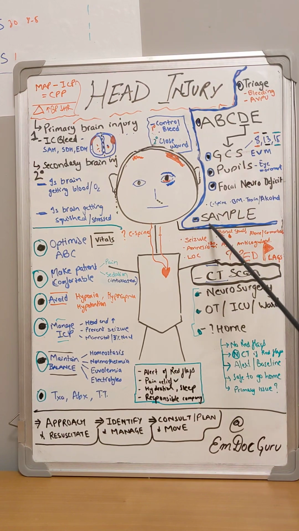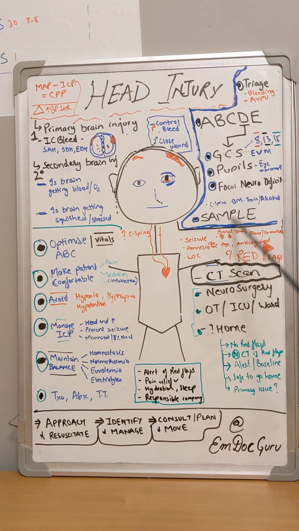And then we take the history as taught in the advanced trauma life support courses, the SAMPLE history. S is signs and symptoms, basically what is the current problem of the patient, and what happened to the patient, the mechanism, when it happened.